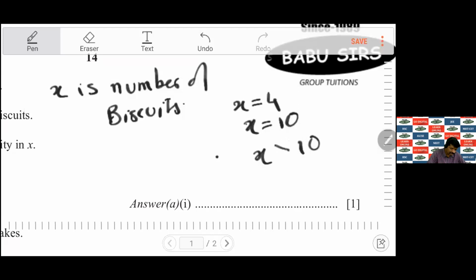Is this one right or wrong? This is wrong. So what to do? The other way around, the sign. Right? So now Seema has to buy less than 10 biscuits.